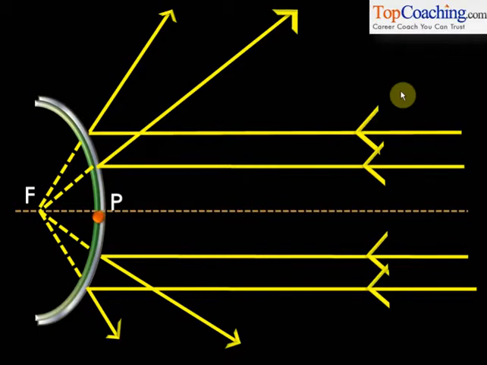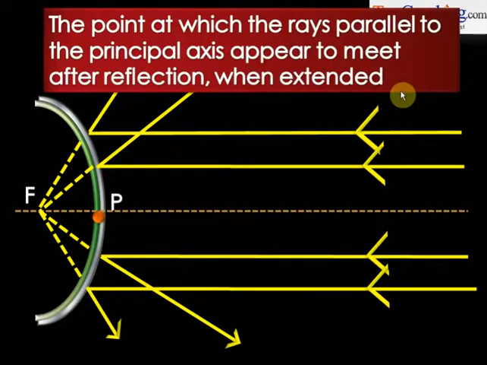In the case of a convex mirror, it is the point from which the reflected rays appear to come from if the incident rays are parallel to the principal axis. After reflection, all these rays appear to come from the focus. That's the focus of a convex mirror. There you go. This is the definition of the focus of a convex mirror.